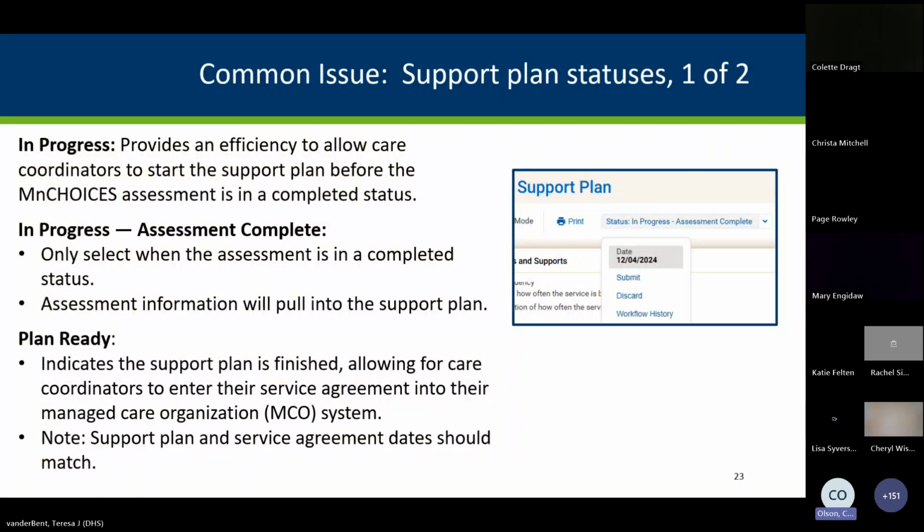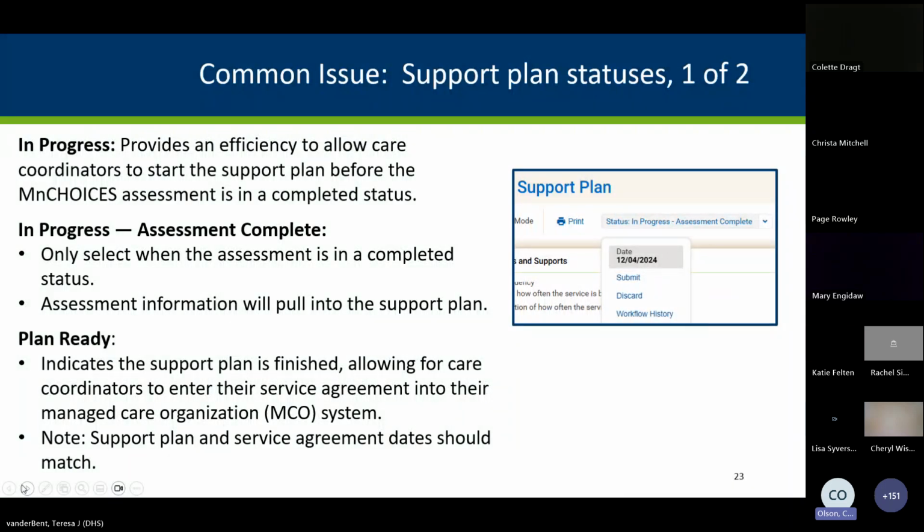Another common issue that we see is the support plan statuses. So this is just a little overview of the statuses. In progress provides an efficiency to allow care coordinators to start the support plan before the assessment is in a completed status. In progress assessment complete, you should only select this when the assessment is in a completed status, and that allows the assessment information to pull into the support plan.